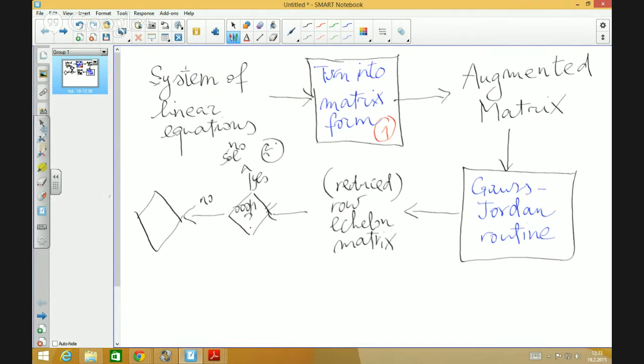Let's assume that the system of equations has n variables. We ask ourselves, is the rank smaller than n? If the rank is smaller than n, what can we conclude? The number of leading ones is smaller than the number of variables. Then there are infinitely many solutions.